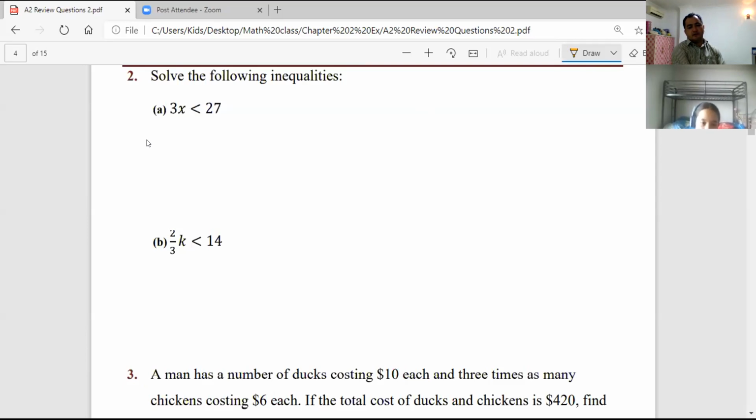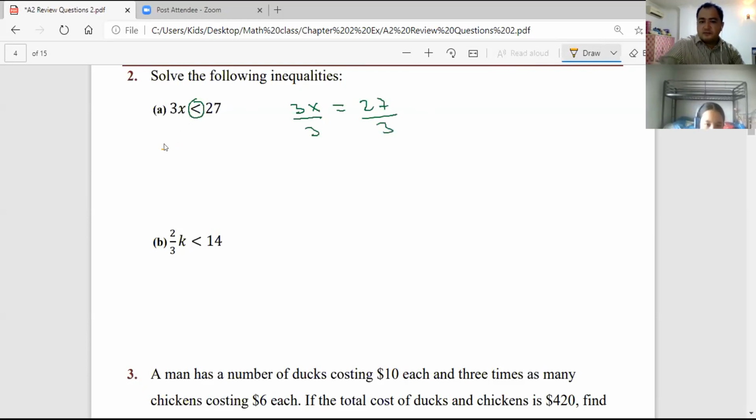Why 3 times 3x, Shahina? Here we have, assume that instead of this less than sign, we have an equal sign. How would you solve this x? 3 times x equals 27. I divide both sides by 3, right?